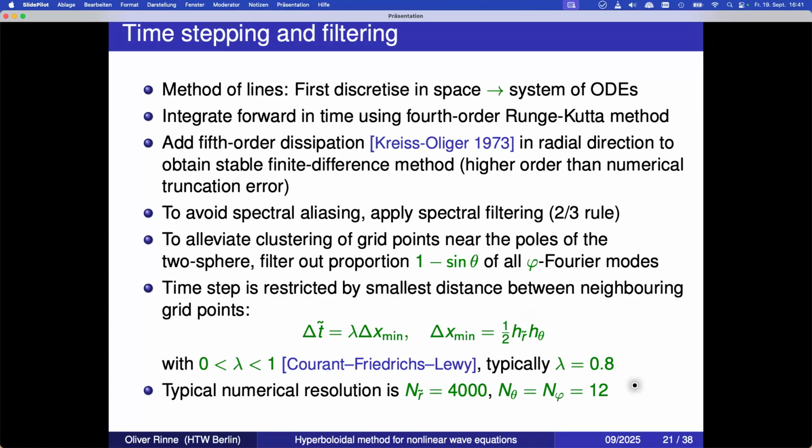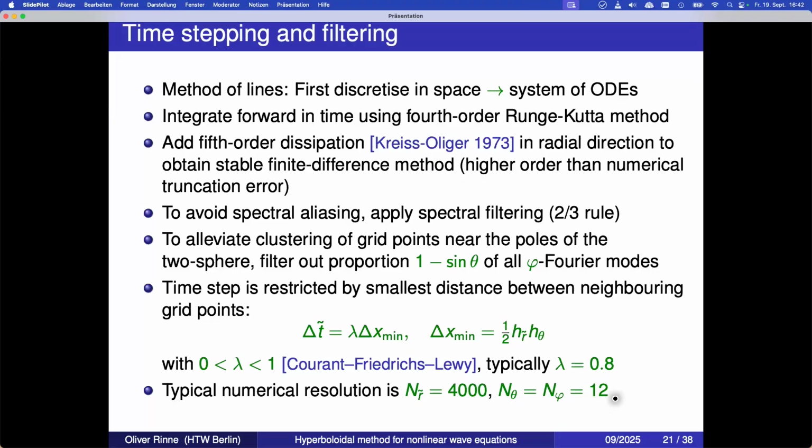For most of the runs which I'm going to show you, the typical numerical resolution is 4,000 grid points in radius, which I call n_r tilde, and the angular resolution is taken to be 12 grid points, which is quite low. But it turns out that, at least as far as the results I'm going to show you on tails, if you increase this resolution in the angular coordinates beyond 12, the results won't change noticeably.